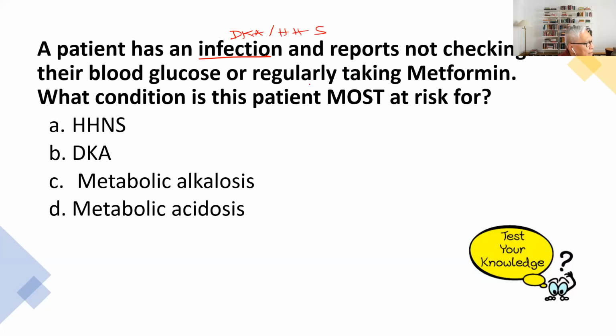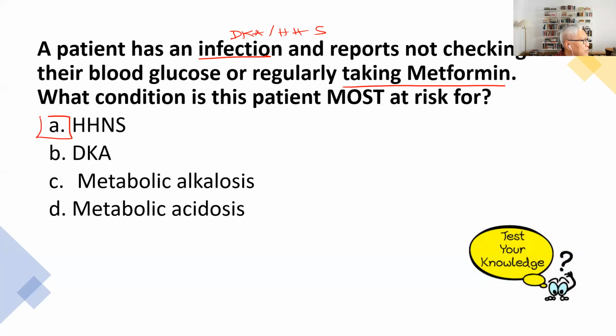But the fact that this patient is not taking the metformin regularly, so what happens to their blood sugar? It's gradually increasing and increasing and increasing. And therefore, you probably will have a higher degree of hyperglycemia. So the correct answer here is letter A, unfortunately.